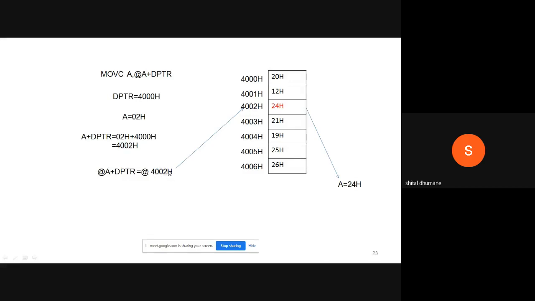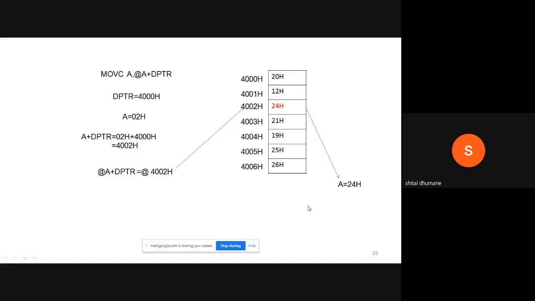What should be there at 4002? 24H. So this data will get moved into the accumulator. This is the instruction MOVC A, @A+DPTR. The contents of the memory location indirectly specified by A plus DPTR: the contents of the accumulator plus the contents of DPTR get added, they form one memory location, and the contents at that memory location get moved into the accumulator.